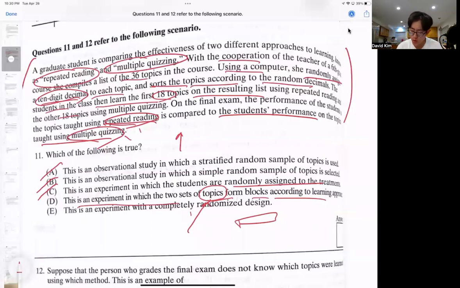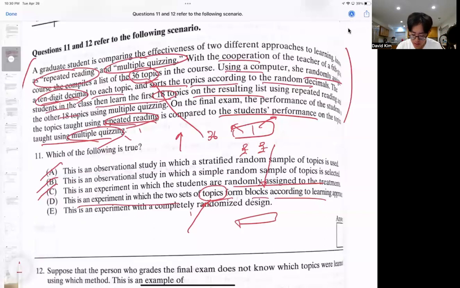I don't quite remember what the blocks were at this stage, but we have 36 different topics, and if you're setting each of those to be blocks where one is repeated reading and one is multiple quizzing, and we compare the students' results, then it should be fine. But we have two separate independent samples. We have 18 separately, and then they're getting those treatments there.